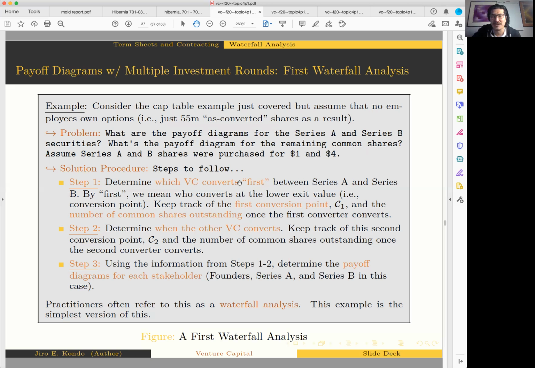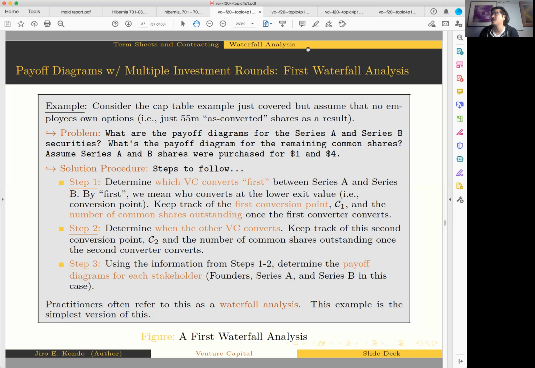If you have n rounds of funding, your process is now see who converts first, see who converts second, see who converts third, and then see who converts nth. And then you logically tie it all up together to get your full payoff diagram. So the algorithm I have here can be generalized. Folks okay with this?